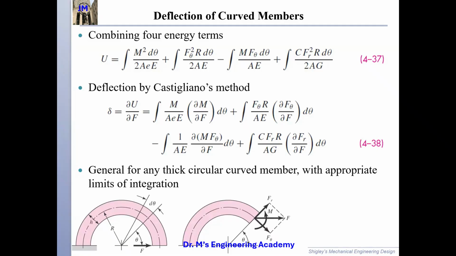The centroidal axis and the neutral axis have a difference, and that difference is e. Usually for this case, we have the neutral axis first, then the centroidal axis, and then the center. That's the reason the contribution of F theta is going to bend this point clockwise, so we have a minus sign here. Do you have a sense, guys? Are you following me?